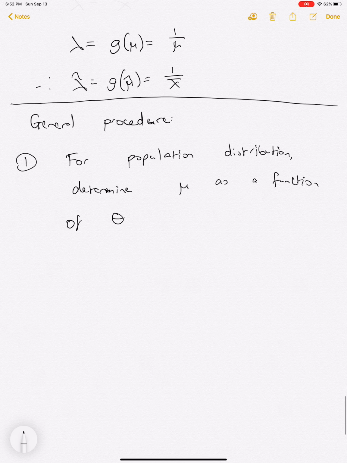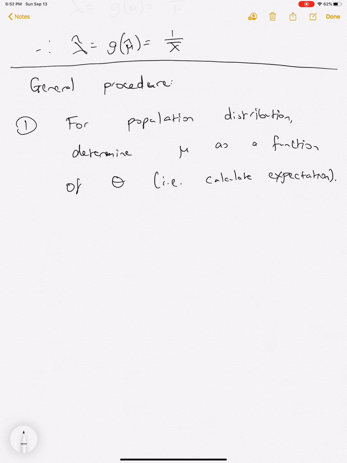All that means is just calculate the expectation. And so we'll say mu is equal to h of theta.